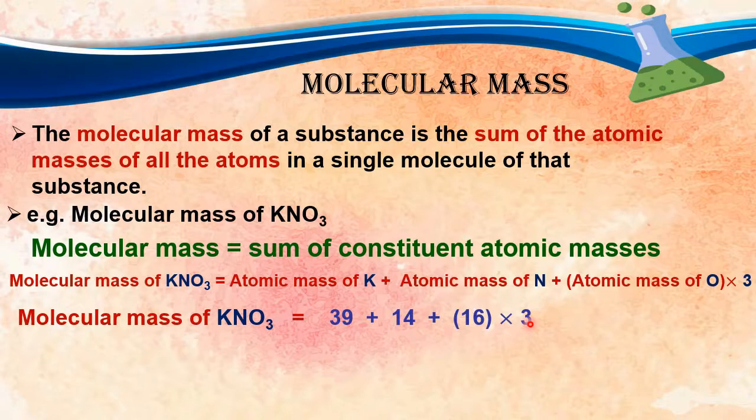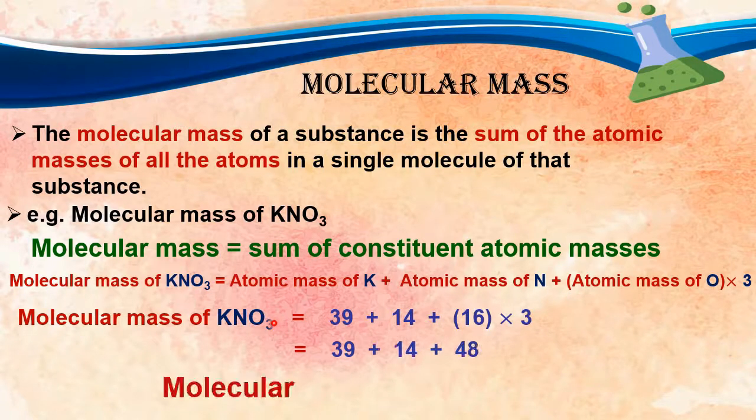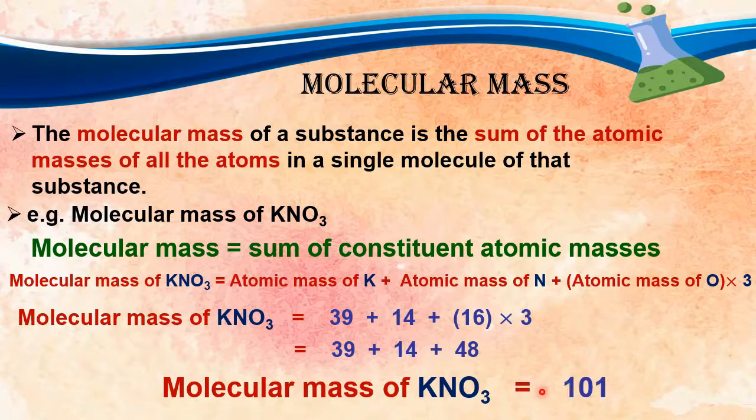Students, for atomic masses of various elements, you can refer to the table of atomic masses given in the first module of this chapter. So, after adding all the atomic masses of constituent elements of the KNO3 molecule, we have got the molecular mass of KNO3 is 101 units.